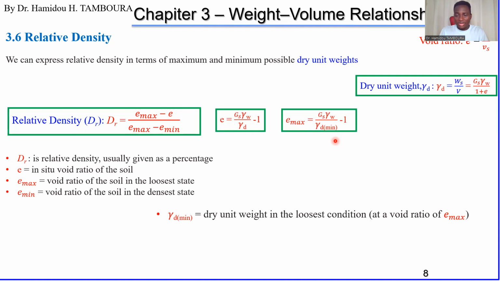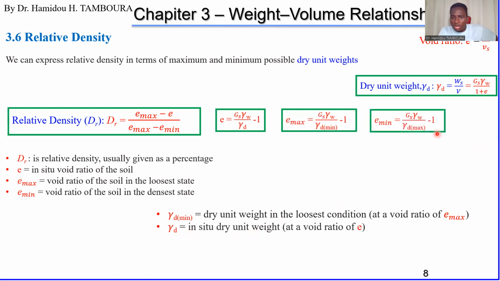That's the meaning. Okay. So the E max will be with the same formula, but using the minimum dry unit weight. And E minimum will be obtained by the maximum dry unit weight.